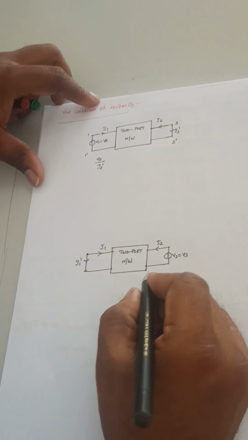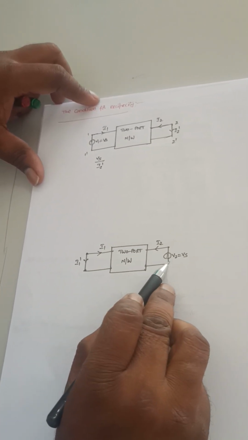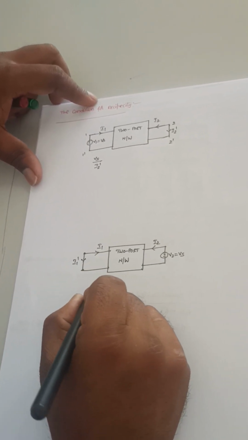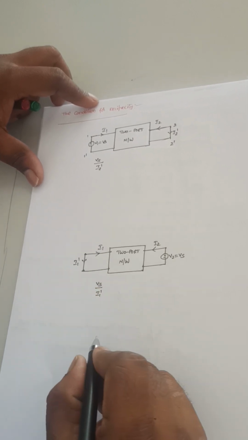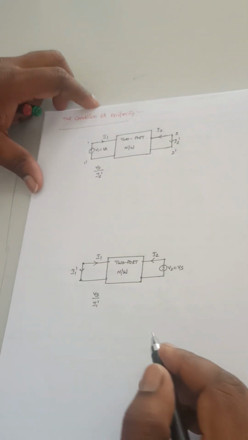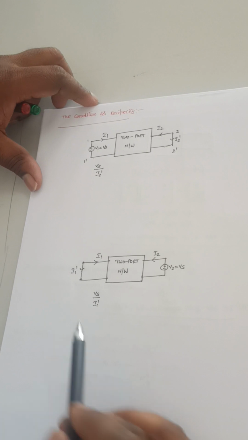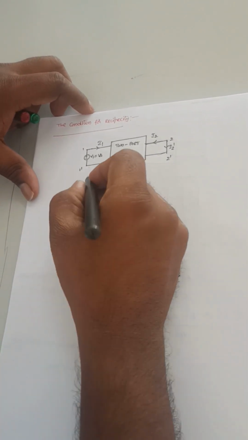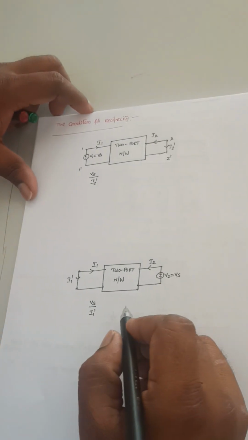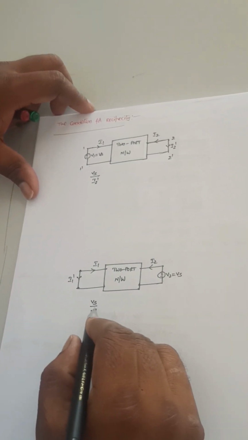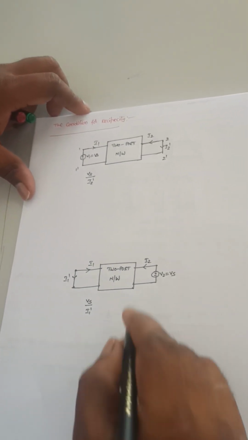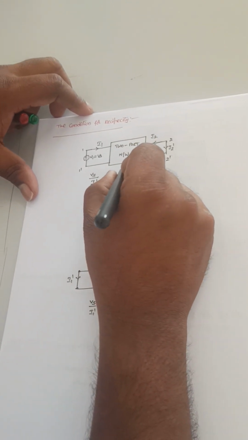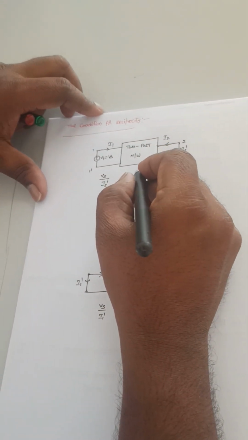Now the ratio of excitation to the response here is Vs by I1 dash. From the theorem of reciprocity, this Vs by I2 dash should be equal to Vs by I1 dash. Now I need to calculate Vs by I2 dash in terms of ABCD parameters, and Vs by I1 dash in terms of ABCD parameters.